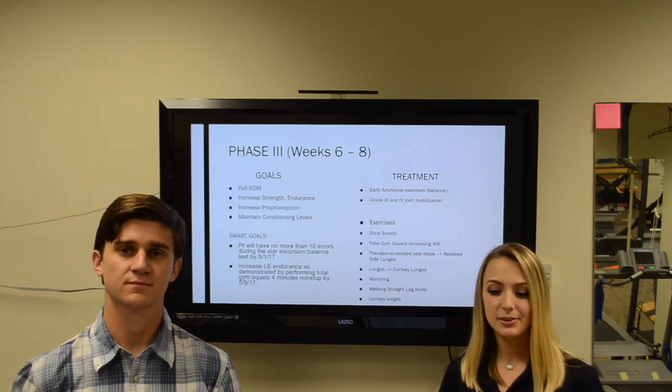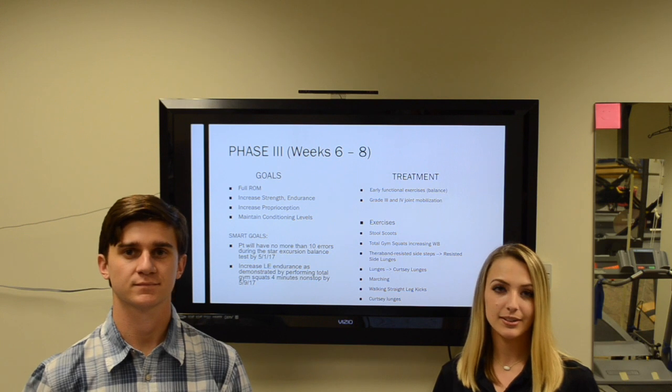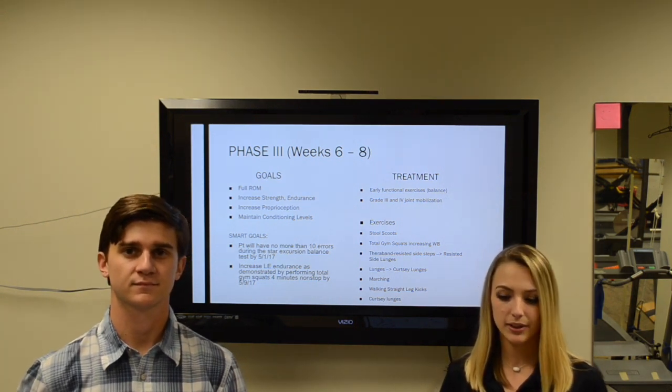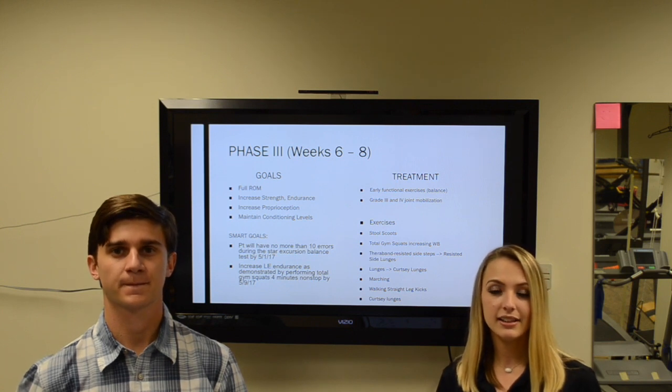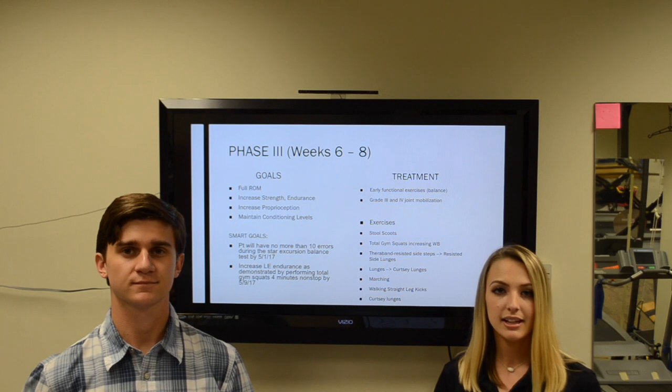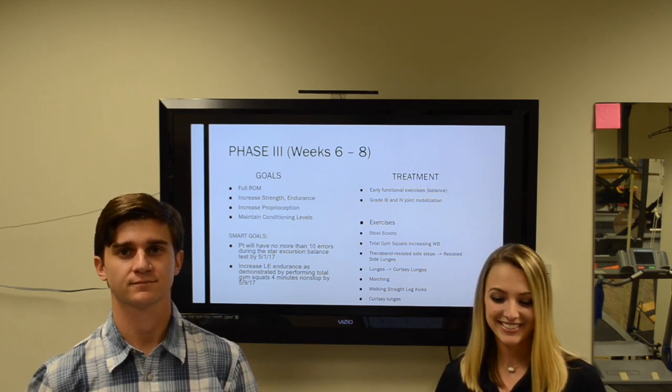For phase 3, this will be weeks 6 to 8. Our goals are that he should have full range of motion by now, but we'll continue to work on that. Increase his strength, endurance, and proprioception during this time, and maintain his conditioning levels as always throughout the rehab.